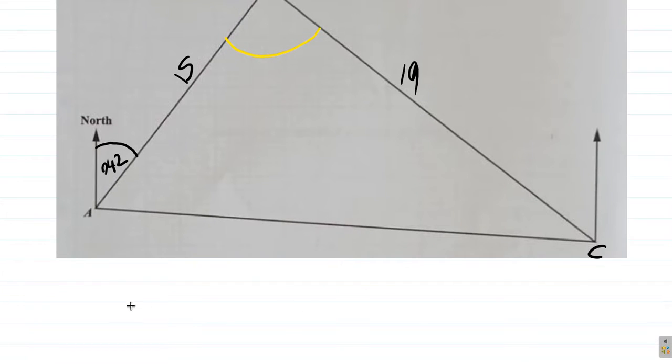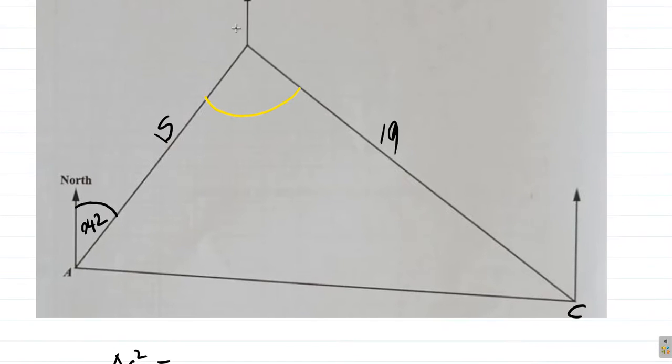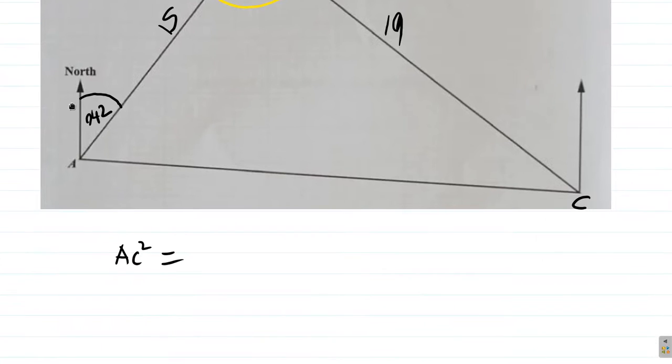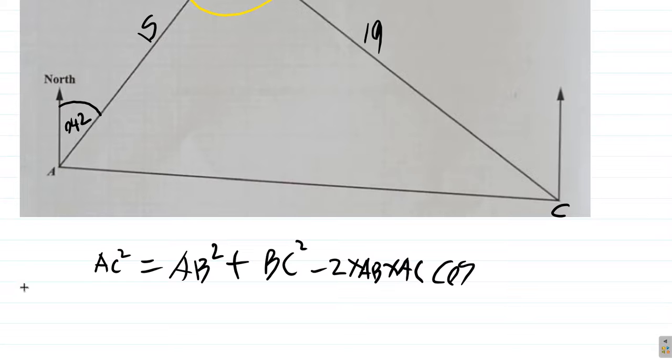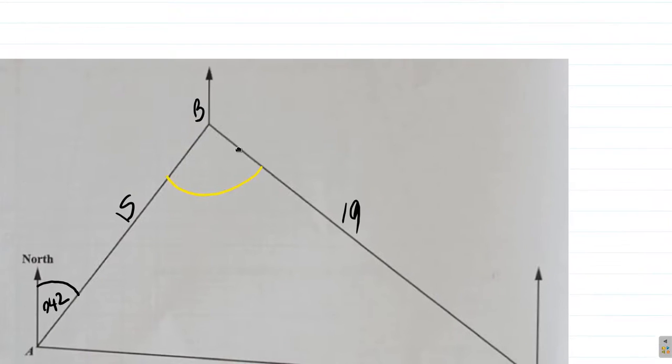This is C here, and say AC squared. And remember, the cosine rule is on the formula sheet, right? AC squared is equal to, B would be here, AB squared plus BC squared minus 2 times AB times BC cos that angle, right? Whatever that angle is, we need to figure out what it is.